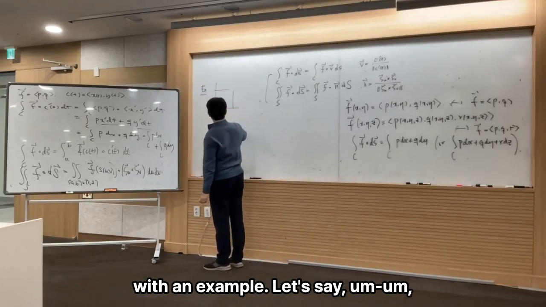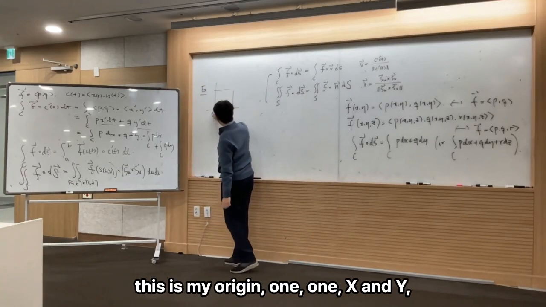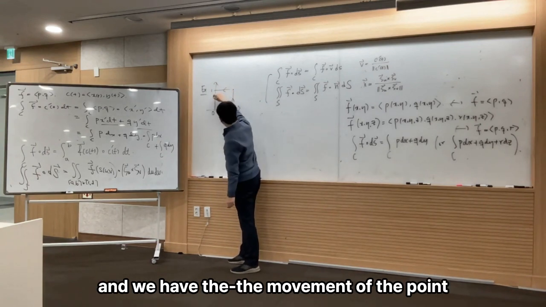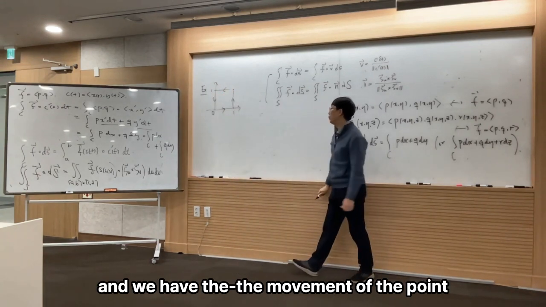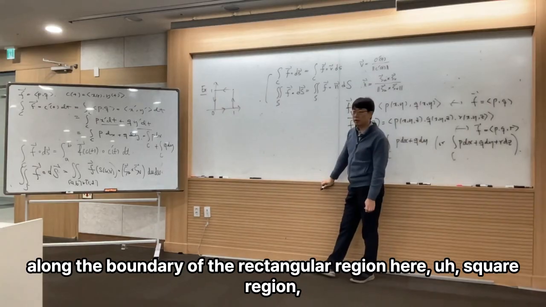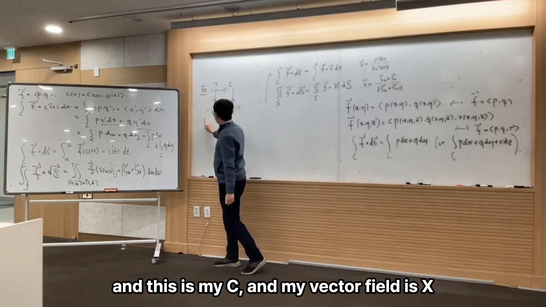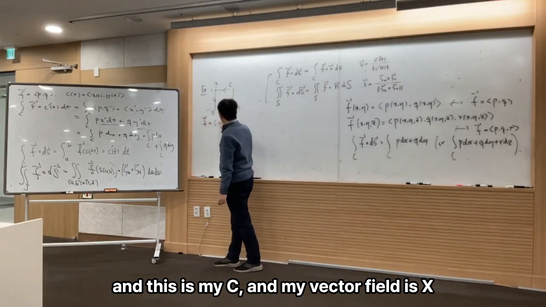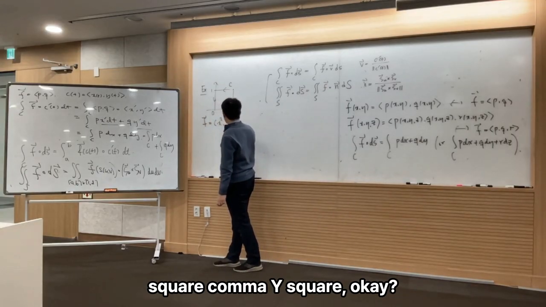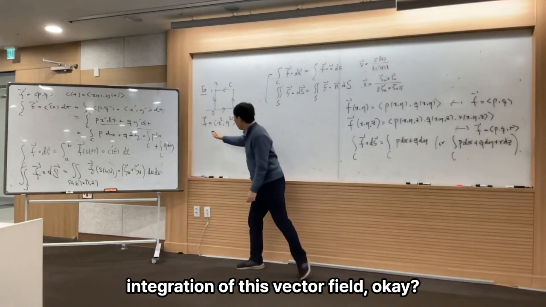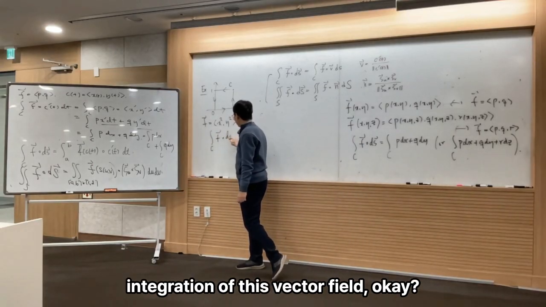Let's say this is my origin, (1, 1), x and y, and we have the movement of points along the boundary of the rectangular, square region here, and this is my C, and my vector field is (x squared, y squared). I want to compute the line integral of this vector field.